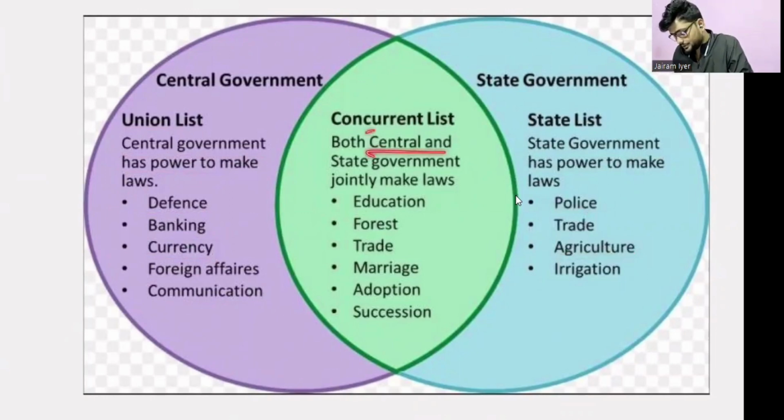Both central and state governments jointly make laws on education, forest, trade, marriage, adoption, succession, and many others. So whatever taxes you are reading about are with either the center or the state, but there are some matters like education, forest, and trade where both need to come hand in hand to serve in a better way. Those are all given in the concurrent list.